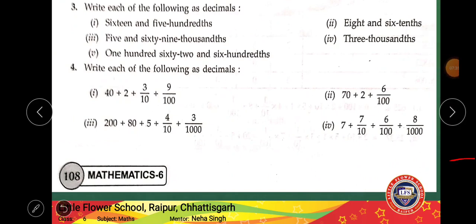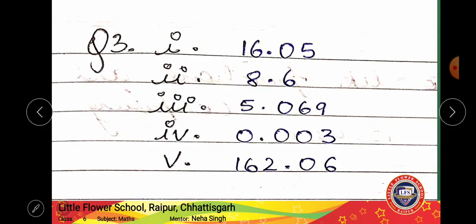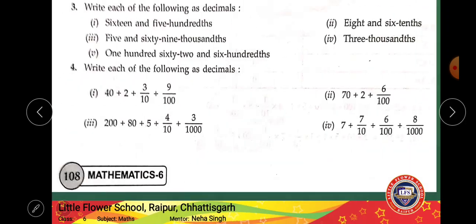Write each of the following as decimals. Now the number is given in words, you need to write it in decimals. 16 and 5 hundredths means 16 and hundredths, 5 hundredths means tenths place is 0, so 16.05, right? Next, 8 and 6 tenths means 8.6, right? 50 and 69 thousandths.